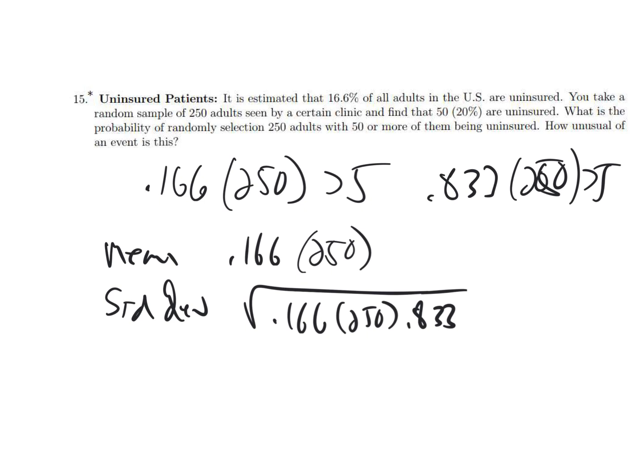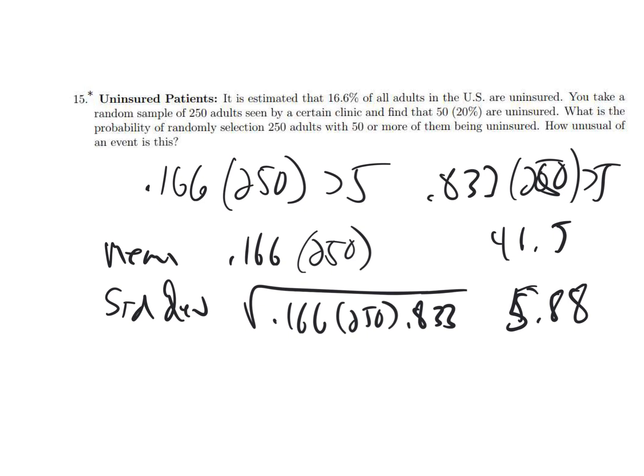Times 250, I'm getting 41.5, and then times 0.833, and I'll take the square root, and I'm getting 5.88, doing some rounding. So there's the mean, there's the standard deviation.